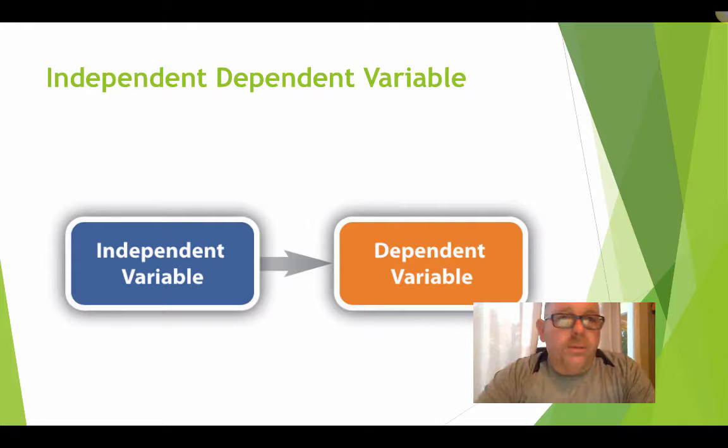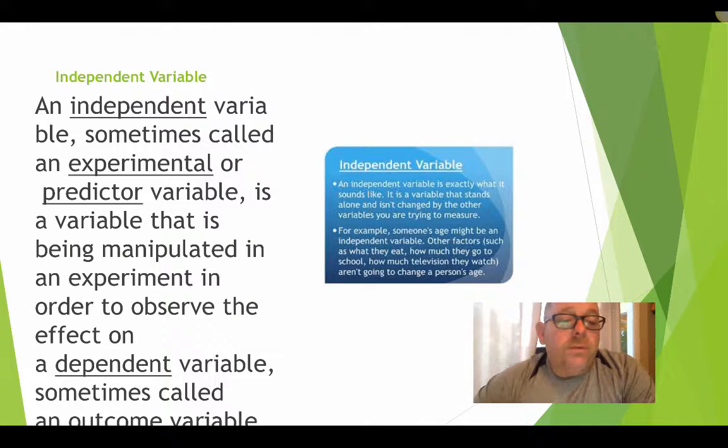Independent and dependent variables. This is going to be another worksheet that you're going to have for your homework, and it's important for you to understand what the difference between an independent and dependent variable are. An independent variable, sometimes called an experimental or predictor variable, is a variable that is being manipulated in an experiment. A dependent variable, sometimes called an outcome variable, is run against the independent variable.